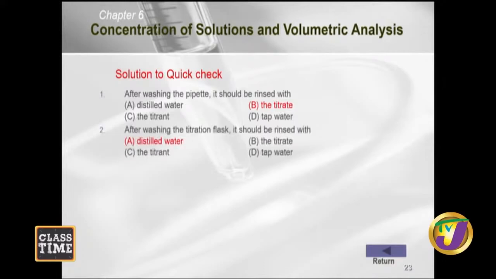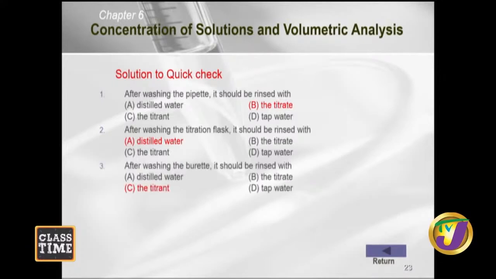So after washing the titration flask with soap and water, it should be rinsed with distilled water. All right, so after washing the burette, it should be rinsed with the titrant. So the burette and the pipette are done the same way. After washing it with distilled water or tap water, you should rinse it with the solution that you're about to pour in, all right?